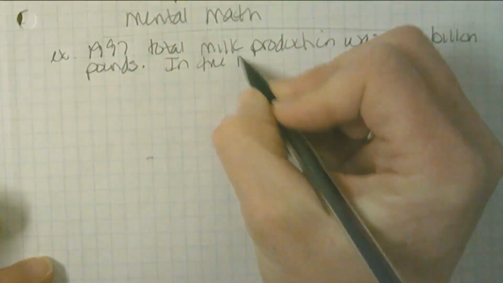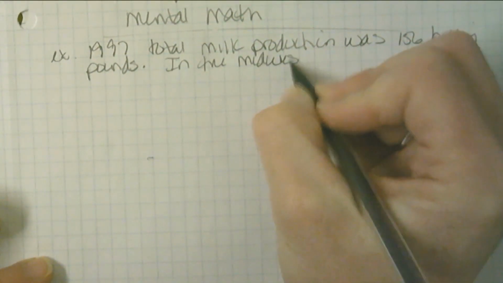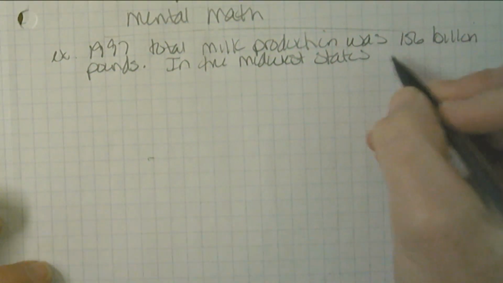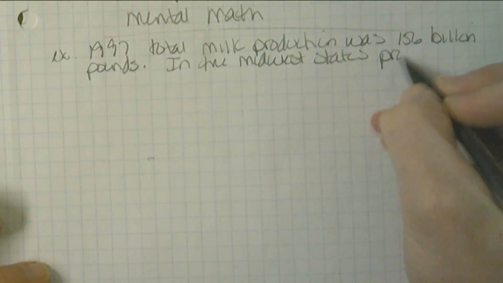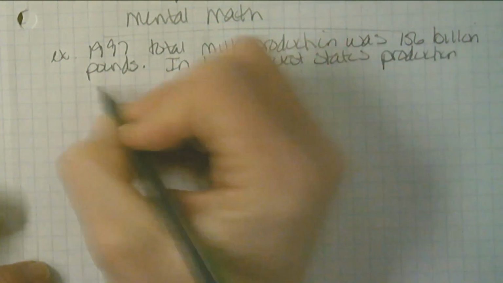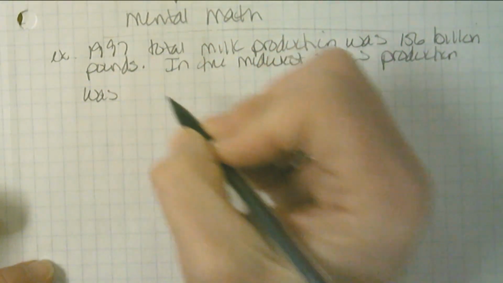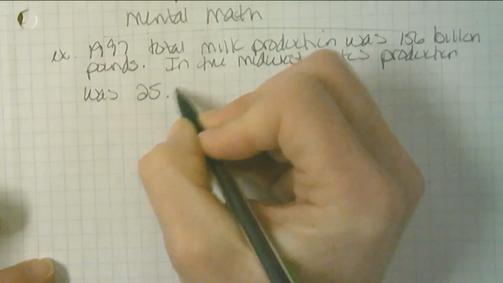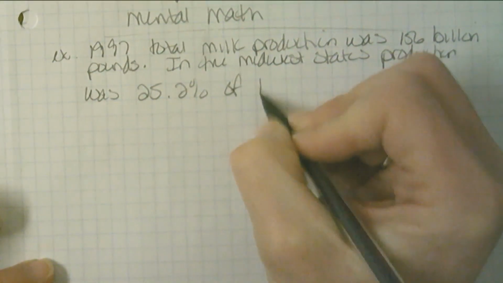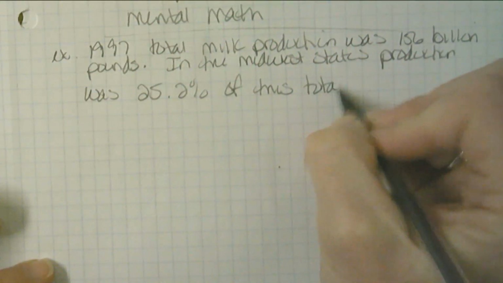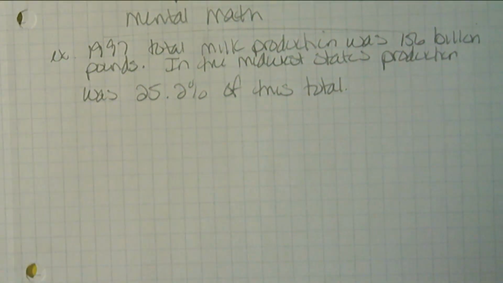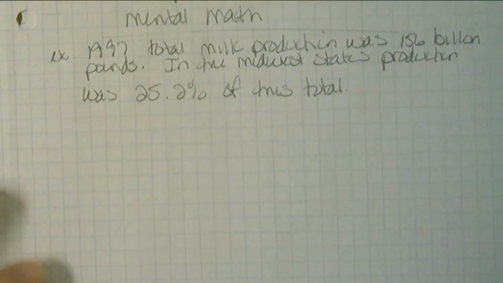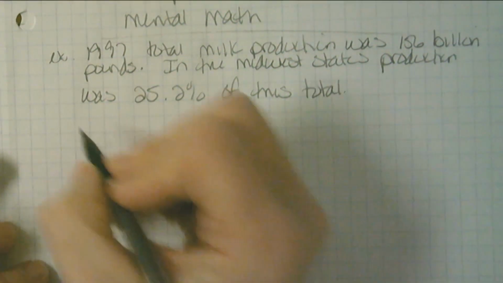In the Midwest states, production was 25.2% of this total. So you can kind of see our percent sentence already starting. Estimate the amount of milk produced in the Midwest states.